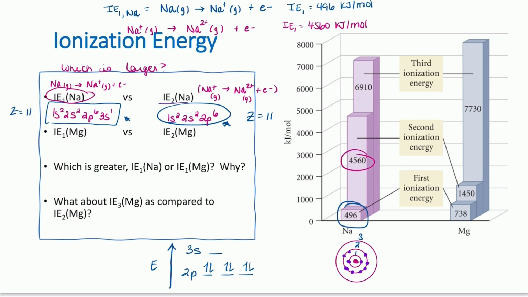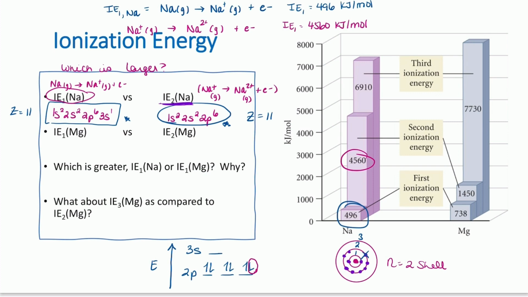But that second ionization energy that we're talking about, now I'm removing one of these electrons. I'm removing one of your core electrons. I need to undo not only a completely filled p shell, but also a completely filled n equals 2 shell.